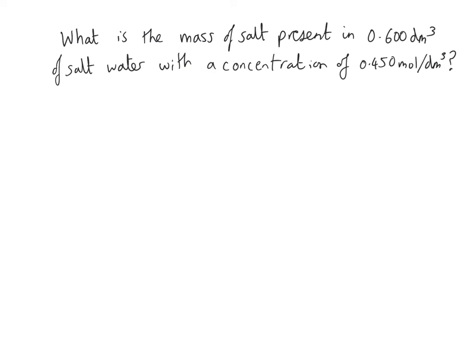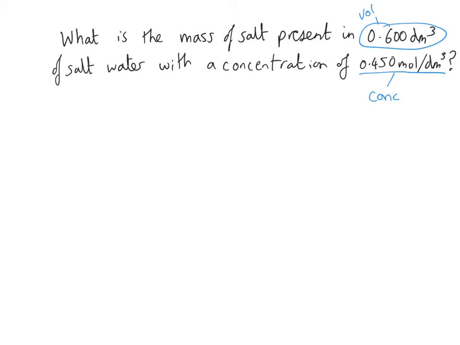One final question then to have a look at. What is the mass of salt present in 0.600 cubic decimeters of salt water with a concentration of 0.450 moles per cubic decimeter? So let's quickly annotate this as if we were reading our exam question. We've got our volume and we've got our concentration.